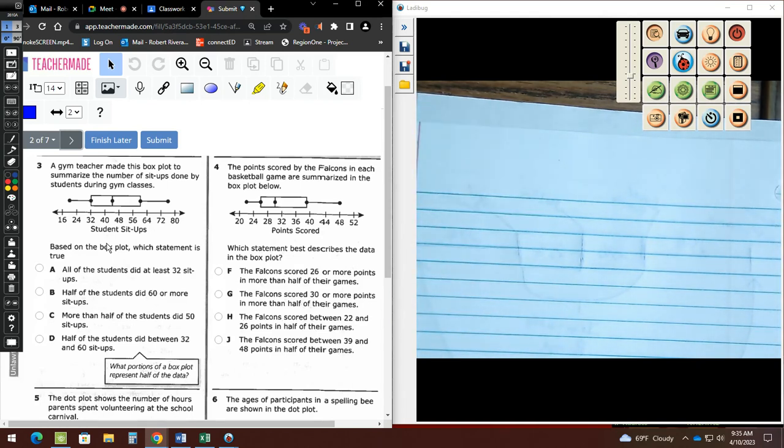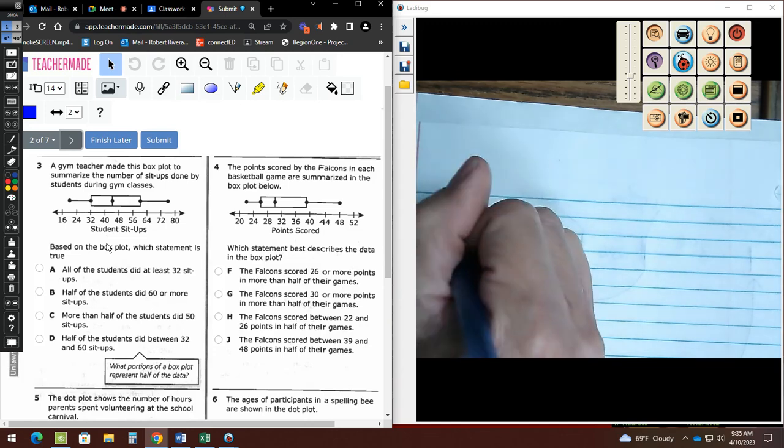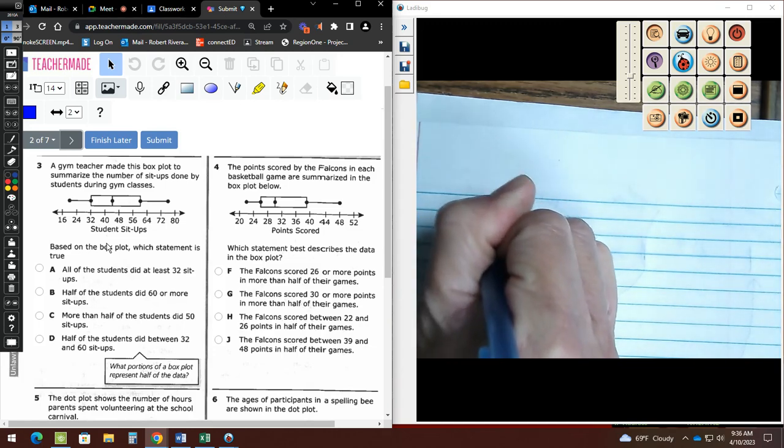Number 3 says the gym teacher made this box plot to summarize the number of sit-ups done by students during class. When they give you a box plot, I want you to quickly pull the data out of there. So the data that we need would be median.